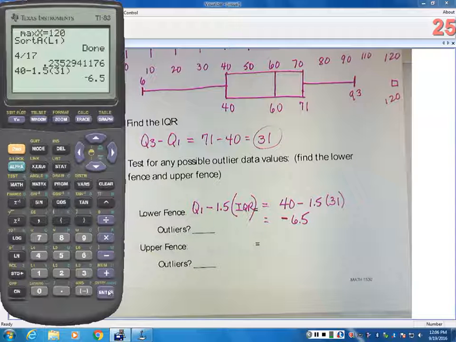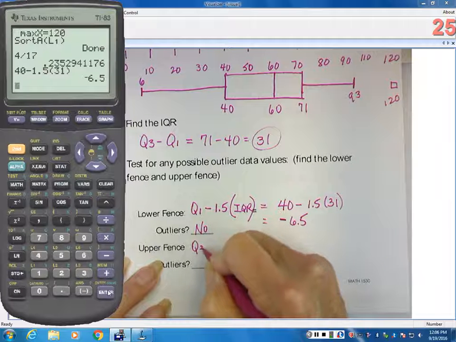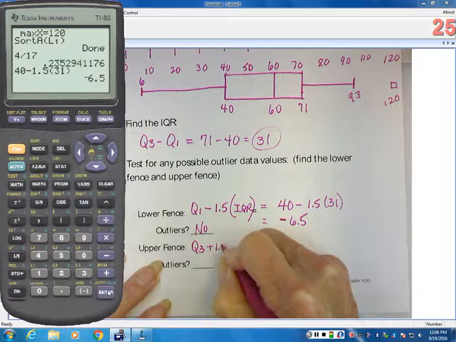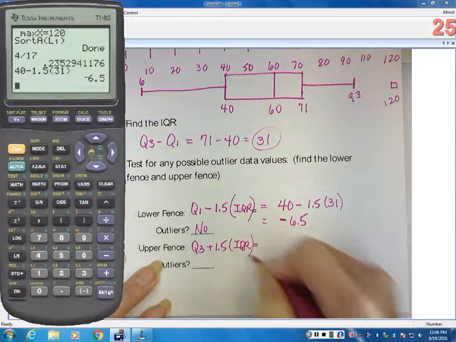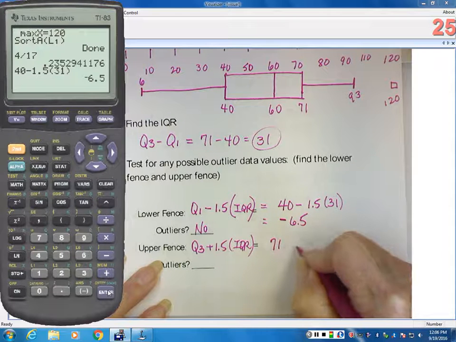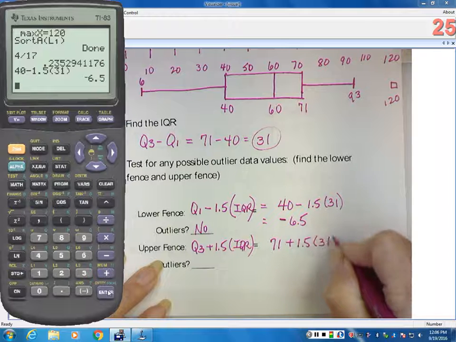Okay? But now the upper fence is Q3 plus 1.5 times your interquartile range. So that's 71 plus 1.5 times 31.